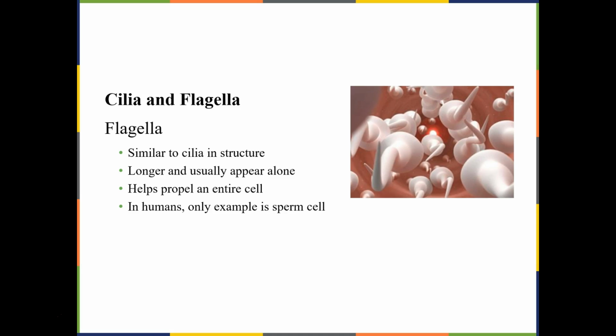And in the human, the only flagellated cell is the sperm cell, and its job is to propel the cell towards some stimulus. In this case, flagella are constantly moving towards the egg. That's their job, that's their goal, is to find that egg.